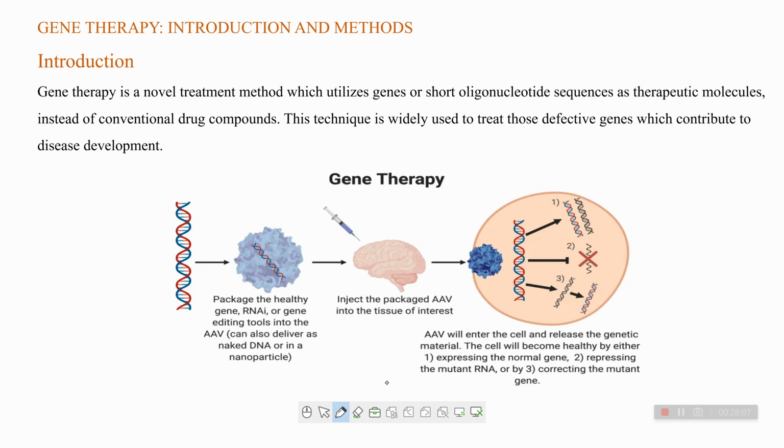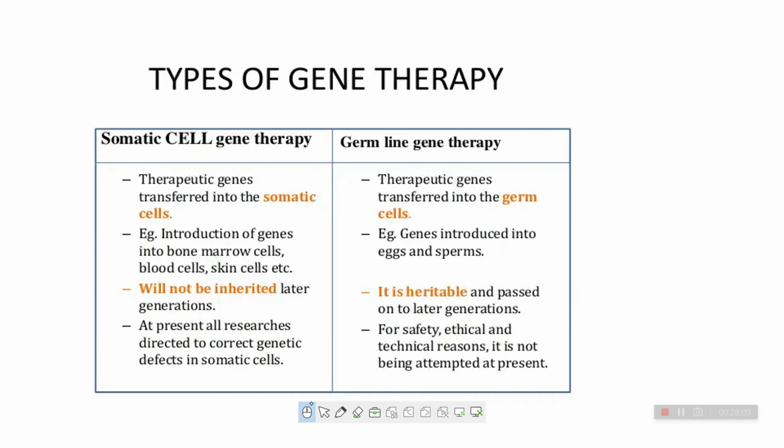Next is types of gene therapy. There are two types of gene therapy: somatic cell gene therapy and germline gene therapy. In somatic cell gene therapy, therapeutic genes are transferred into the somatic cells.